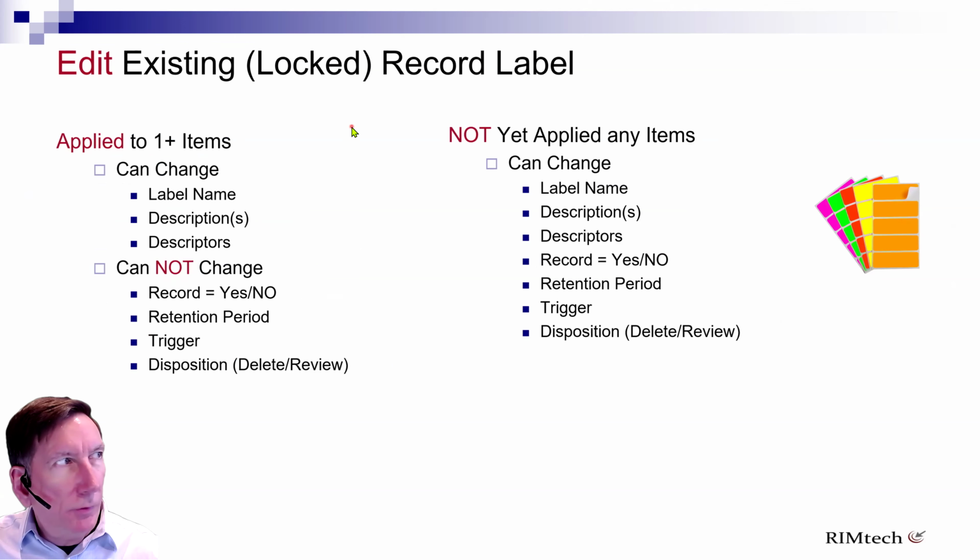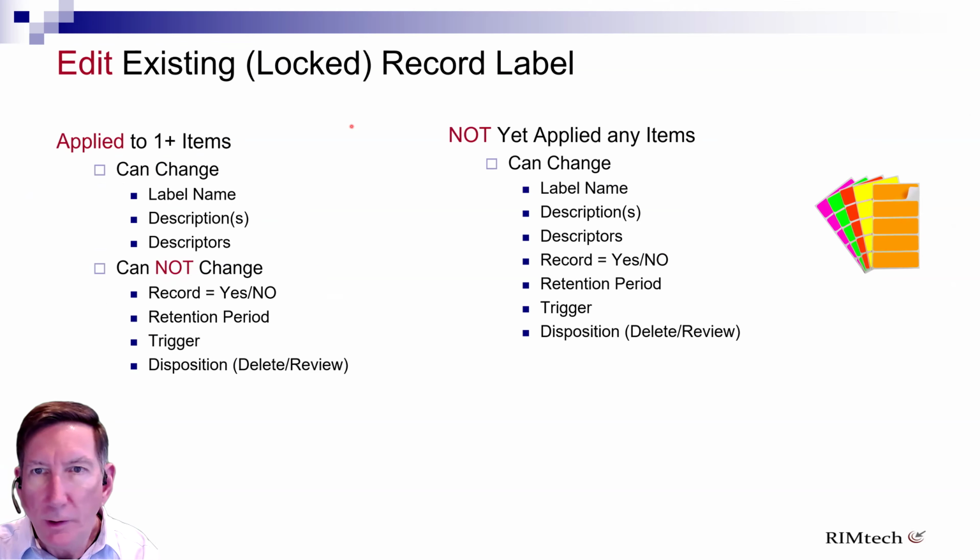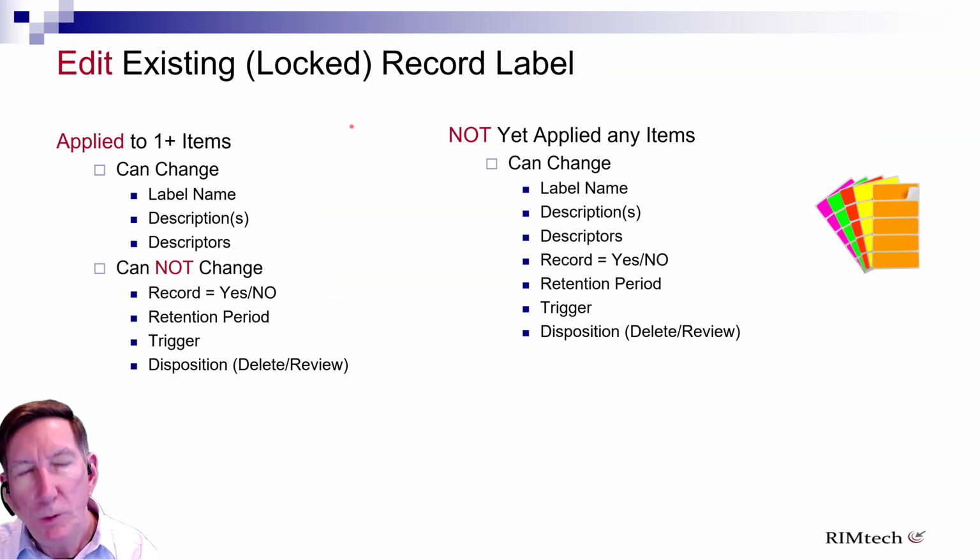Now, you've got labels, and they're out there in the world, they're doing their thing, and you realize you made a mistake. So you want to edit an existing record label. Now remember, the theme of everything I do is consistent. Every label is a record label, which means it's immutable. And I refuse to get into the business of unlocking because that's a fool's game.